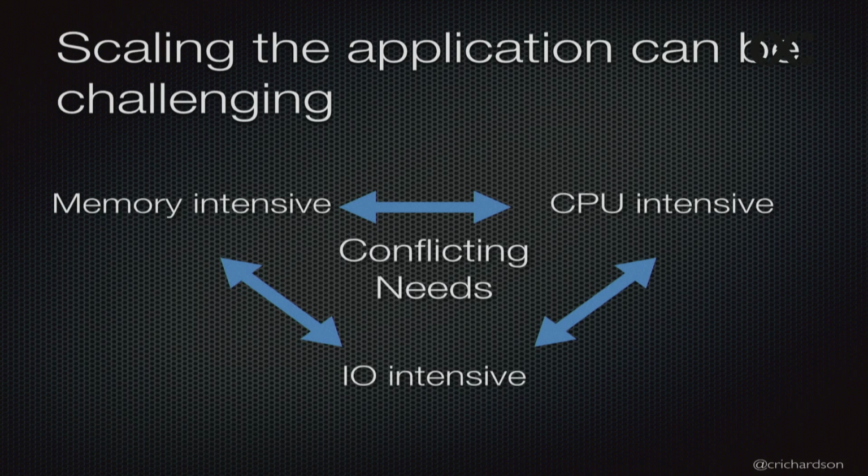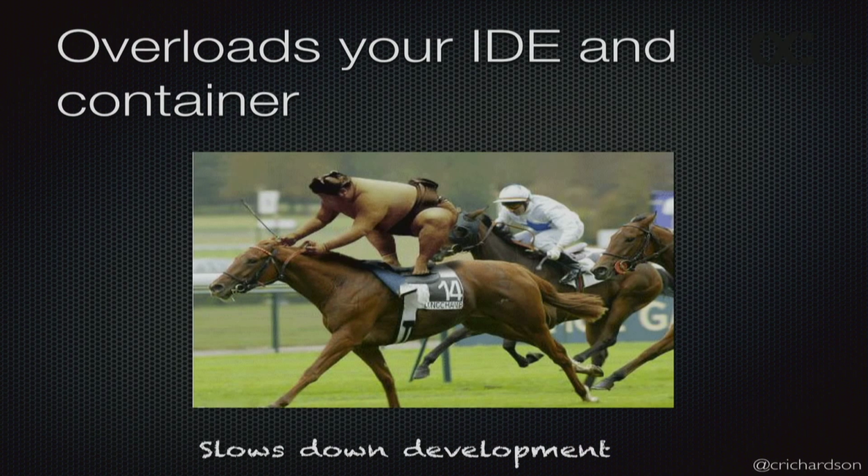Some of them could need a lot of memory, others a lot of CPU, others a lot of I/O, but you've packed them together, and so you can't deploy each one separately on the hardware that's optimal for it. Think about picking an EC2 instance type, right? They've all got different characteristics. Large applications tend to overload your IDE.